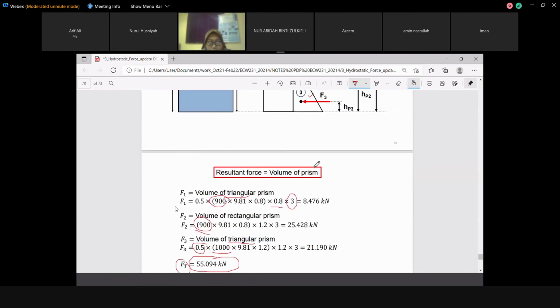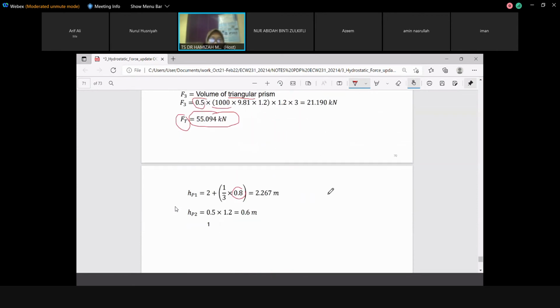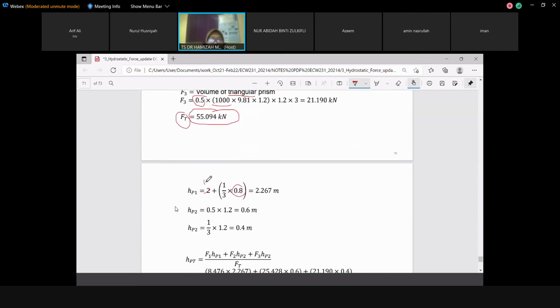Sebenarnya bukan 2, 1.2. Ni tinggi ni. Boleh, dia kira daripada surface to the center. So tinggi ni 1.2 tambah dengan 1/3 darab 0.8. So you can change here to 1.2. Salah, error sikit soalan ni. Jawapan dia.